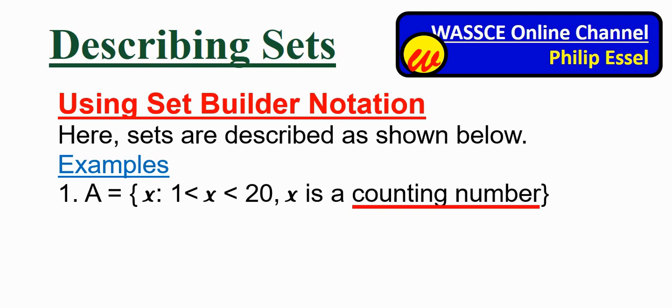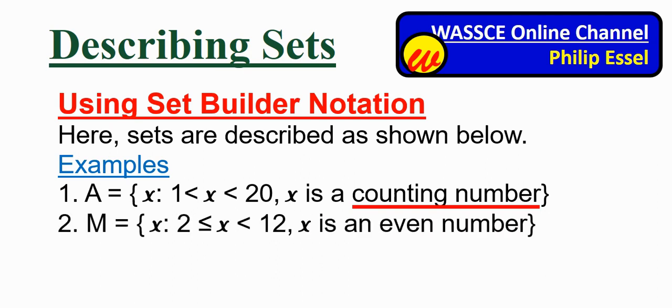So what we will say is this: x is a counting number greater than 1 and less than 20. So if we are asked to list the members of this set, what you do is to list all counting numbers that are greater than the number 1 and less than the number 20. As simple as that.